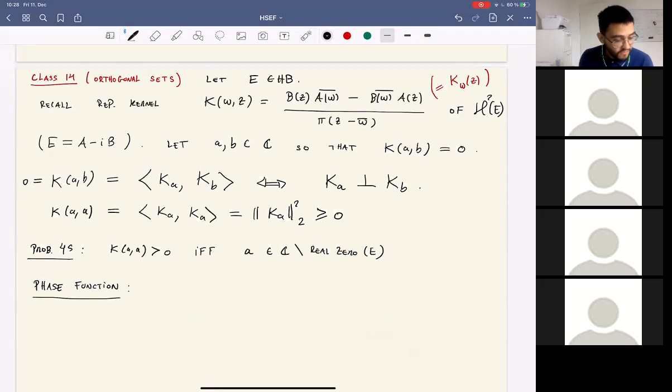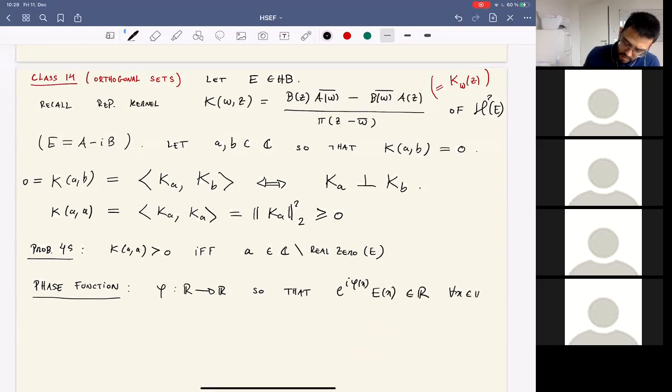The phase function, as you will find in the literature, is defined as a real function phi such that e^{i phi(x)} E(x) is real for all x real.